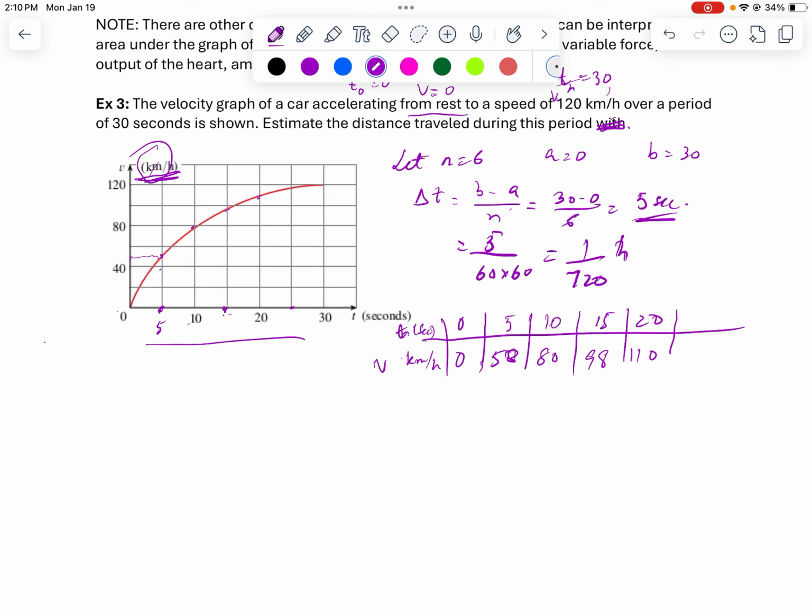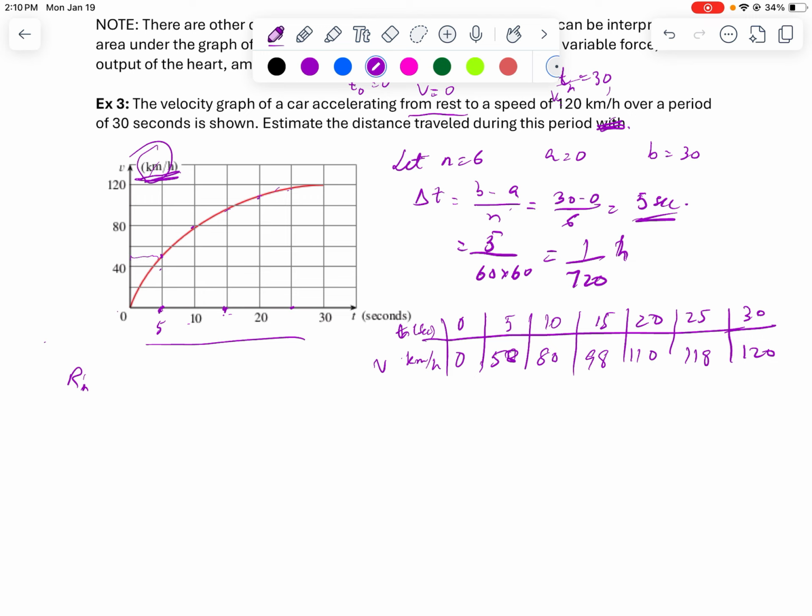So now, if I want to find R sub n, so R sub 6 will be equal to... Now I'm going to add these 6 quantities, or these 6 values.